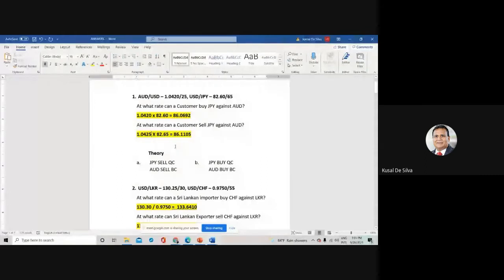So let's do it again, put it in a very simple way. In the first instance, customer buy JPY means the bank will sell JPY.